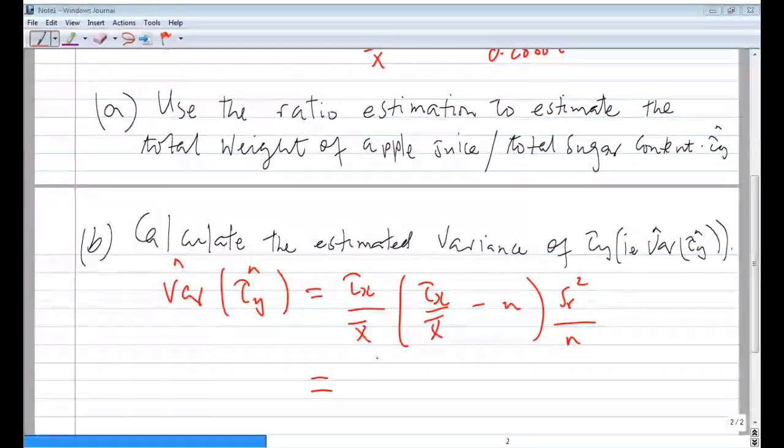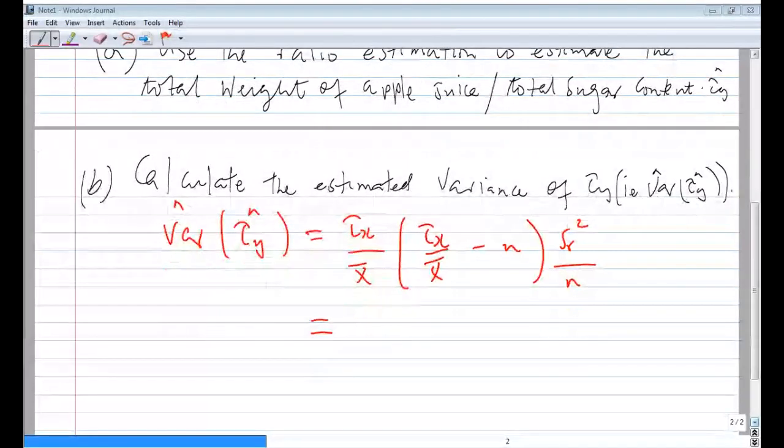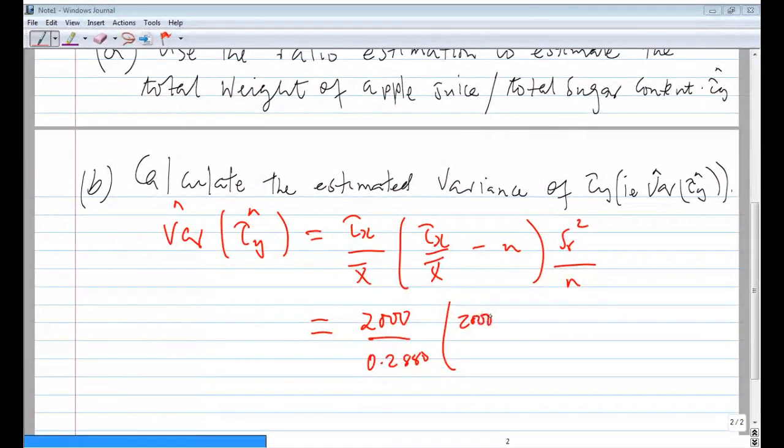Tau x is equal to 2000, isn't it? Yes. X bar is 0.2880. Open brackets 2000 over 0.2880, minus the sample size, which is 15, remember? Then you close the brackets.